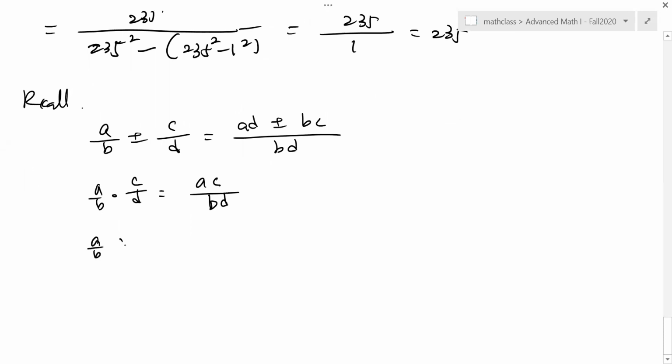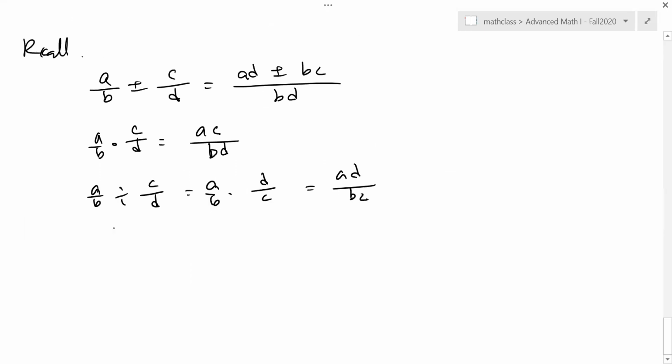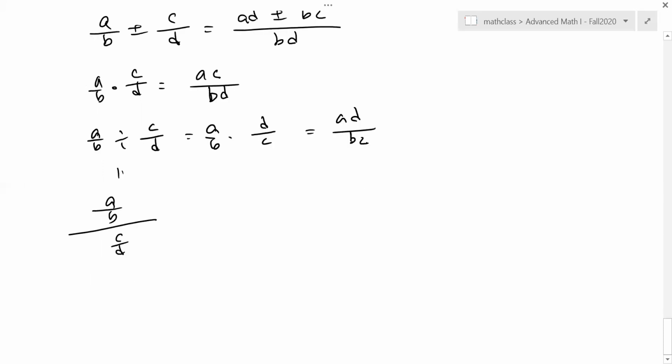But if it's divided by C over D, then you have to turn this upside down, D over C. Then it'll be AD over BC. Sometimes you write it like this, a fraction over another fraction.